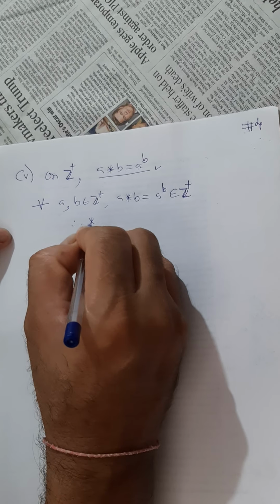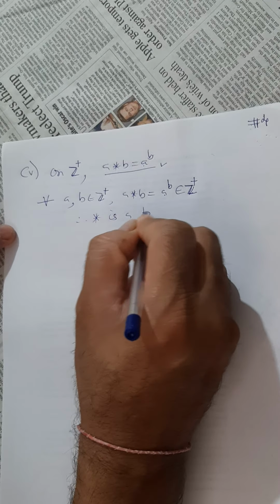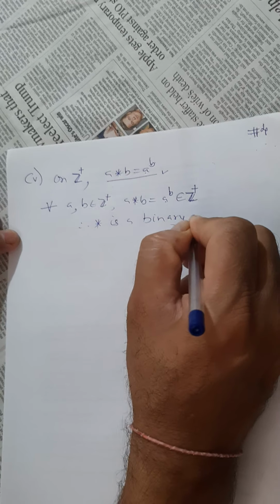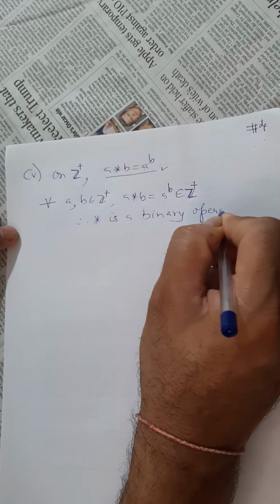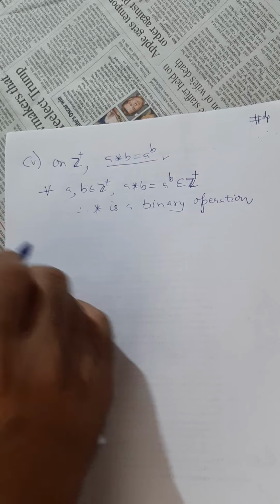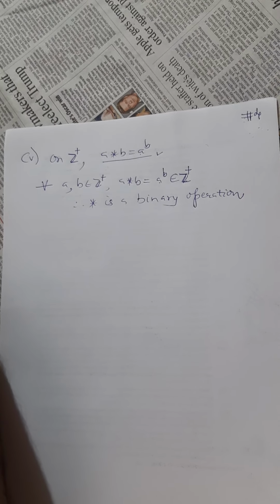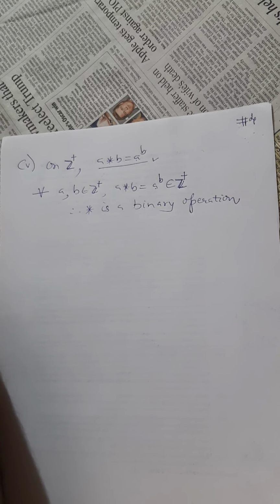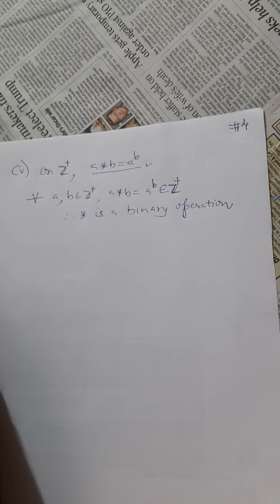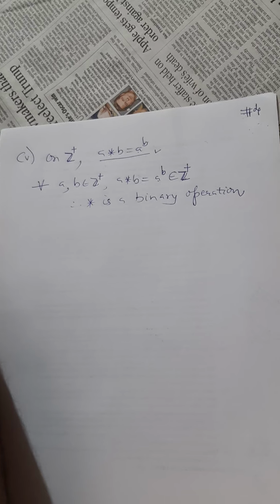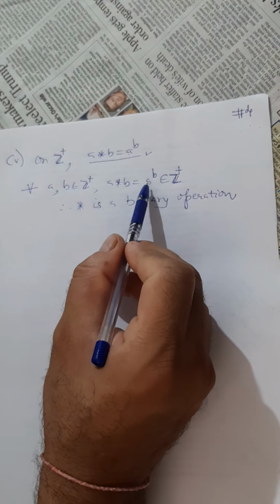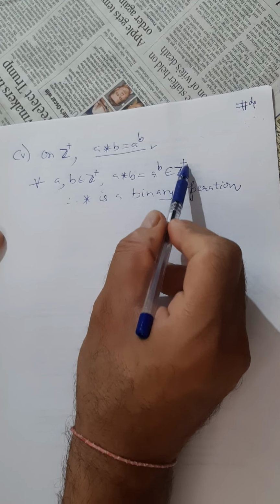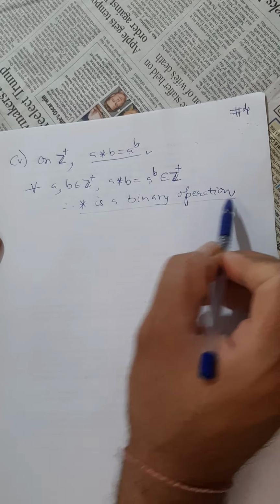So therefore asterisk is a binary operation.